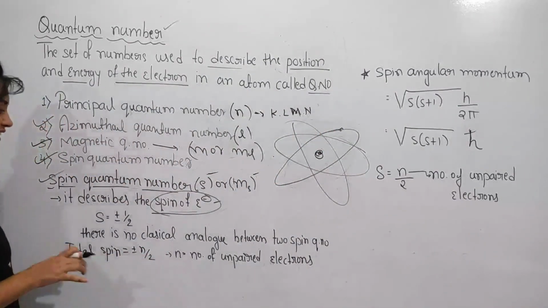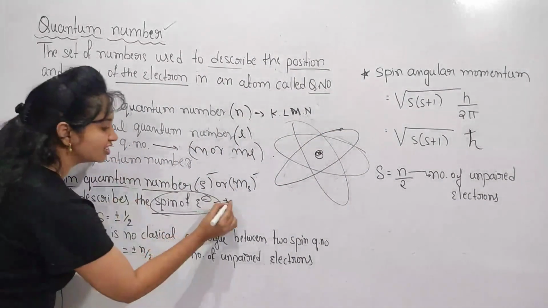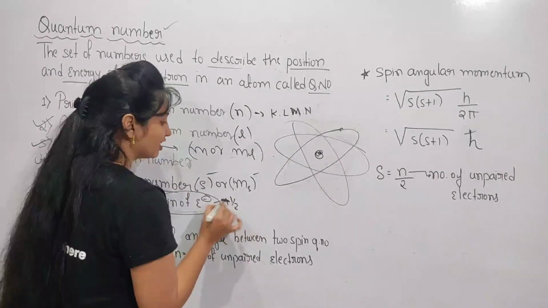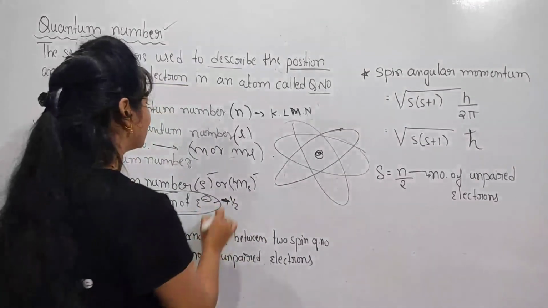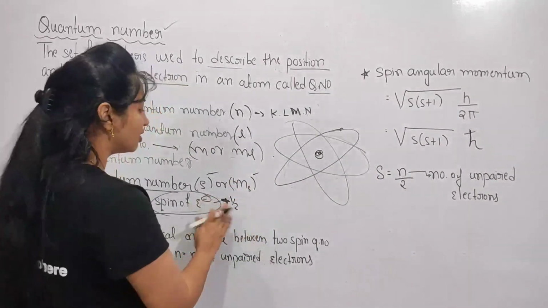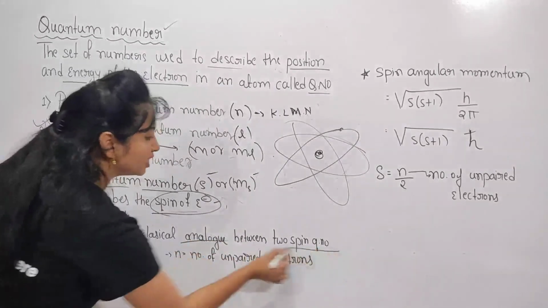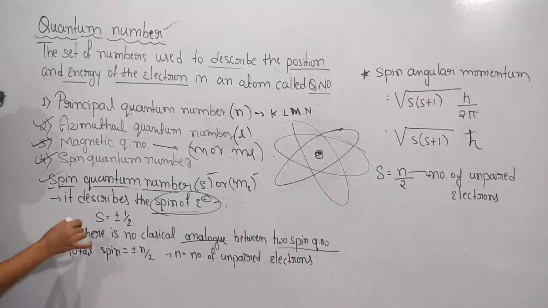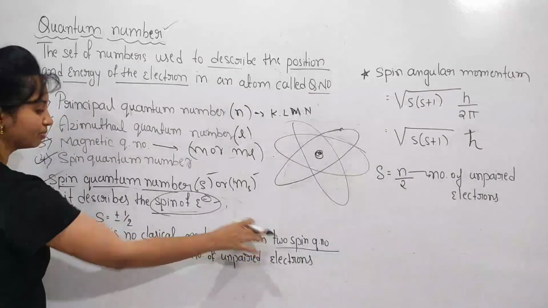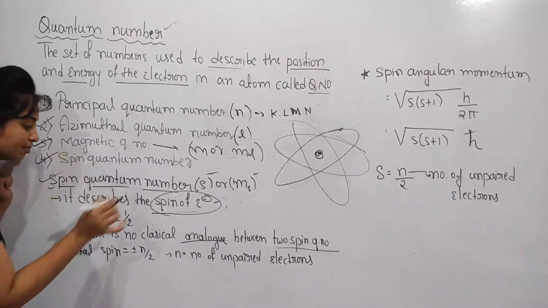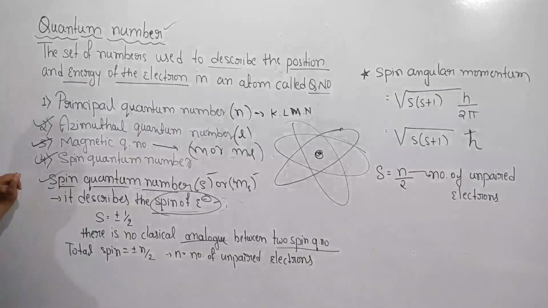But it does not mean that plus half is always clockwise and minus half is always anti-clockwise. Not like that. There is no classical analog between the two spin quantum numbers. So the value is plus or minus half here.